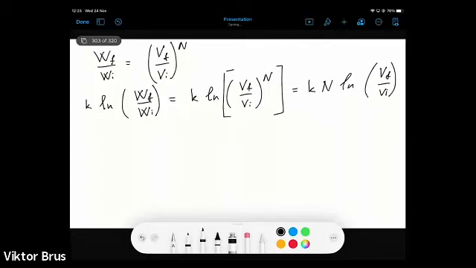We can represent number of molecules n as number of moles times Avogadro's number. So it will be k times nu, number of moles, times N_A. And here will be natural logarithm of V final divided by V initial.